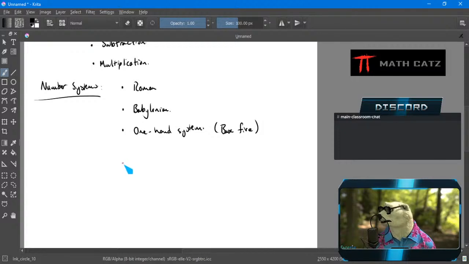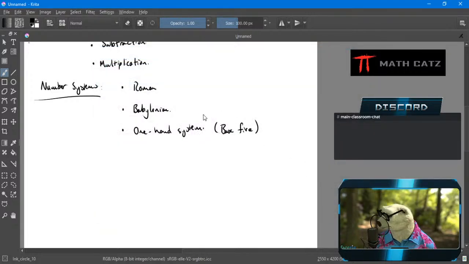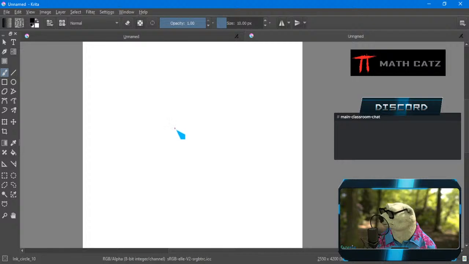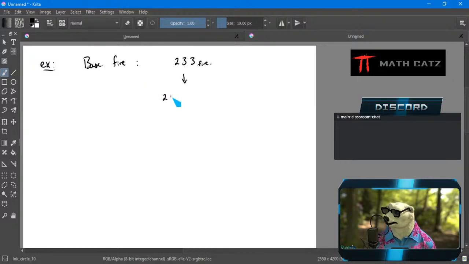So when we look at an example of where we left off last time, we, for example, have a base 5 number like 2, 3, 3 base 5, and that then converts to 2 groups of 25 plus 3 groups of 5 plus 3 ones left over.